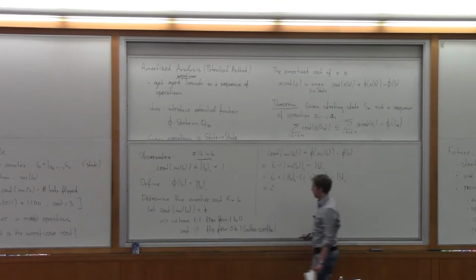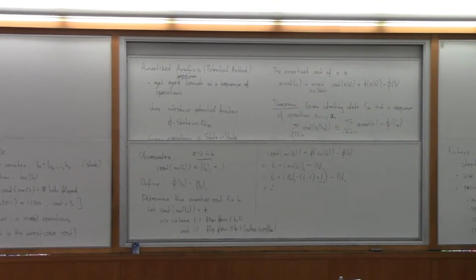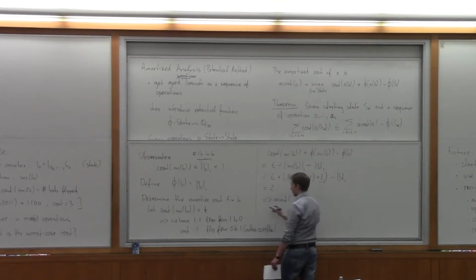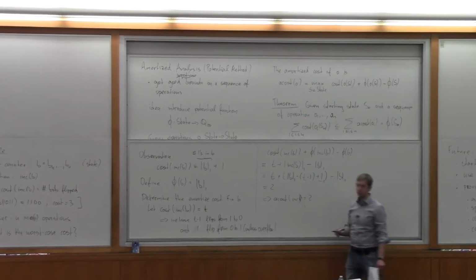And that's what I wanted. So as a result, the amortized cost of our increment is 2.